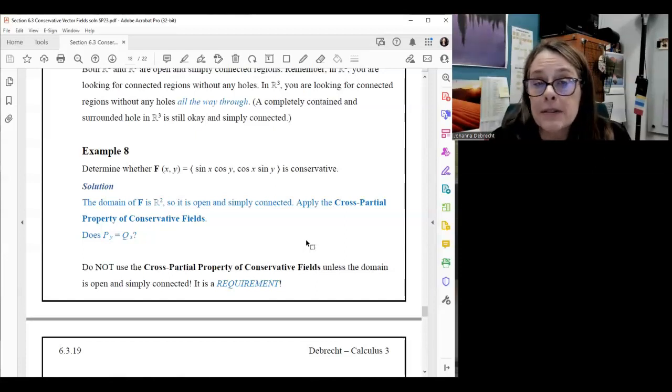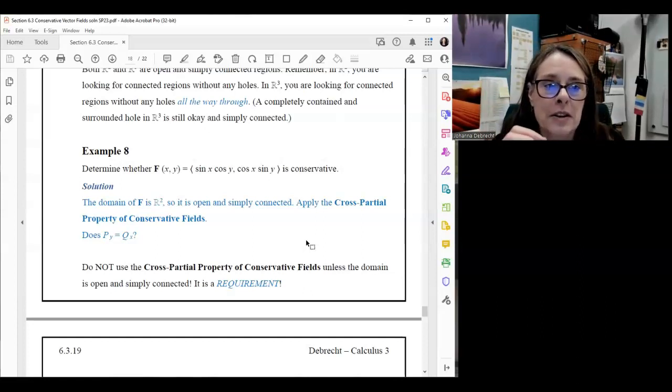R2 is by definition both open and closed, so that's fine. It's also a simple region. It does not have any holes in it, and it is path connected. I can get from any point in R2 to another point in R2 without leaving R2. So it's open, simply connected, and well, simple and connected. All right, we call it simply connected, getting 2 in 1.